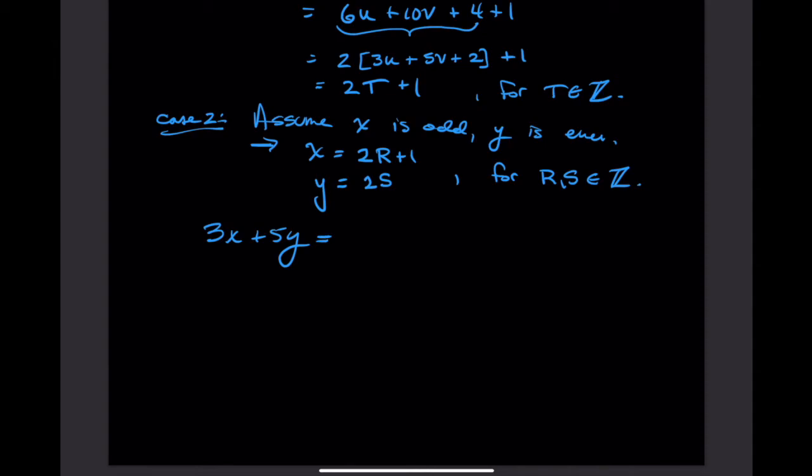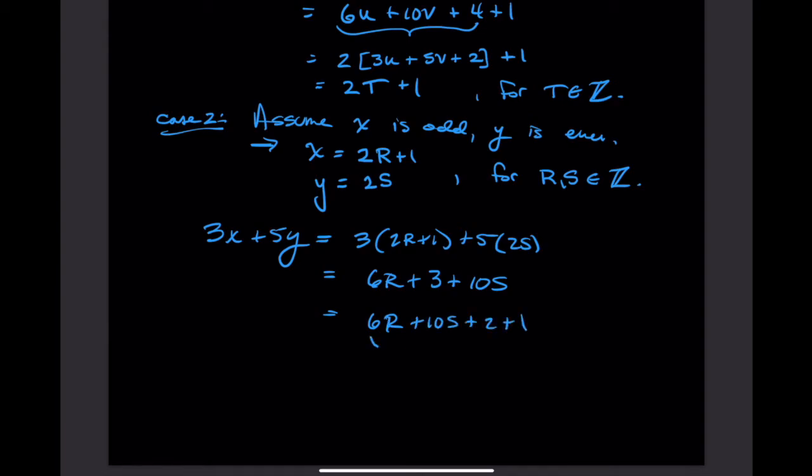So let's look at 3x plus 5y. So this is going to be 3 times (2r plus 1) plus 5 times 2s. And now we end up with 6r plus 3 plus 10s. And we're going to do the same thing that we did last time. We're going to have 6r plus 10s plus 2 plus 1. So that right here we could factor out a 2.